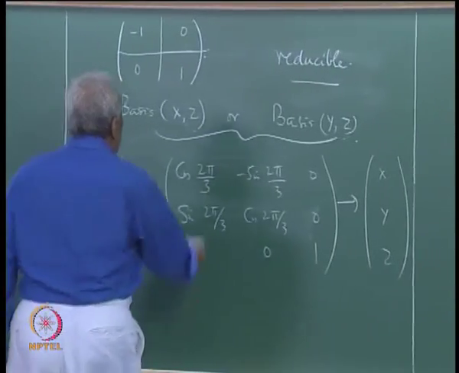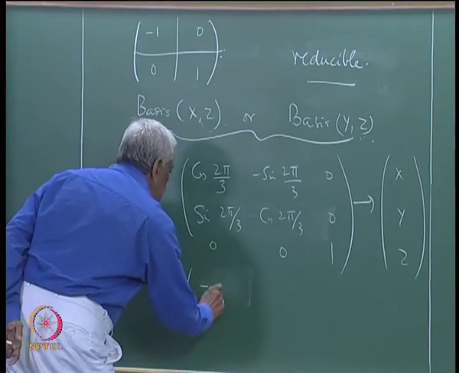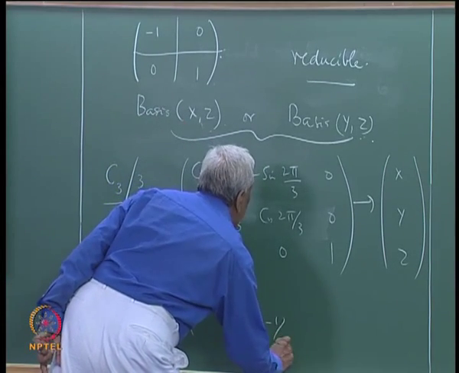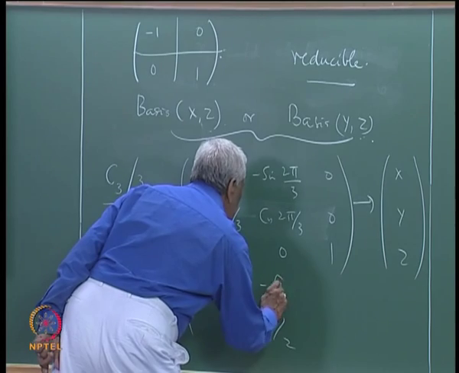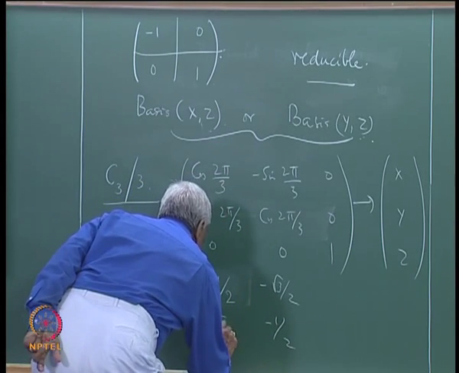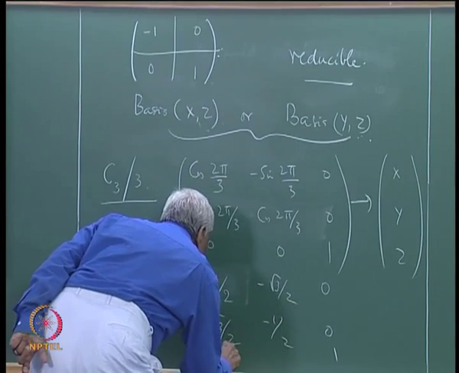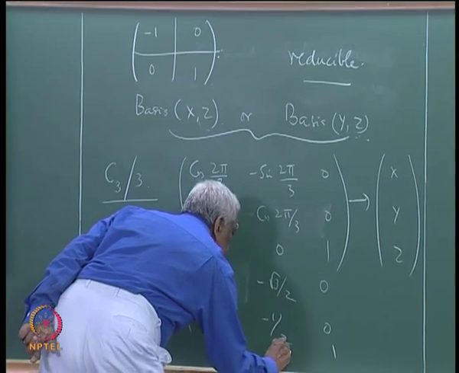So, this can be written as minus half, minus root 3 by 2, 0, root 3 by 2, minus half, 0, 0, 0, 1.